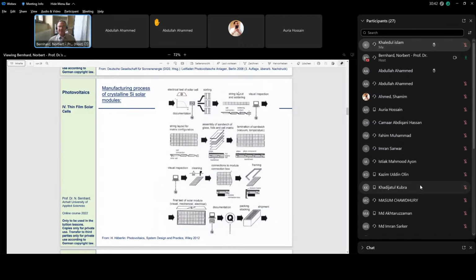Okay, then the string layout is done, and the cells are soldered to each other in this way, as I mentioned already, always from the front side to the back side, front side to back side, such that we get a series connection of all these cells. Then one has a visual inspection, and then the string layout for matrix configuration is done.